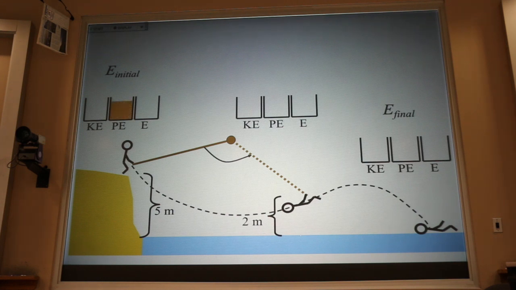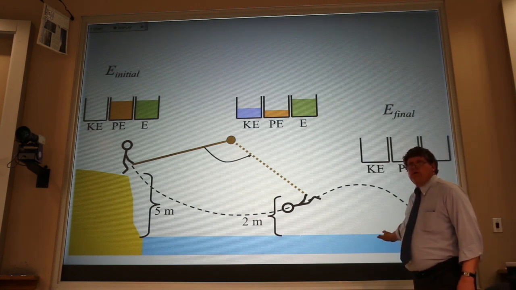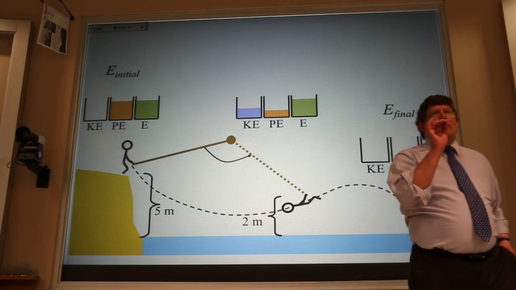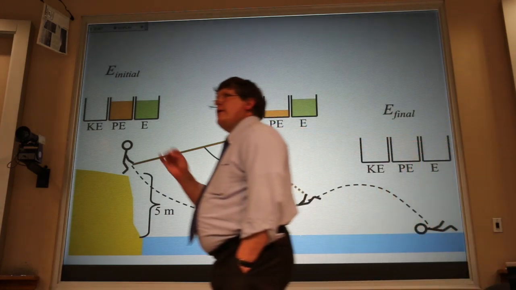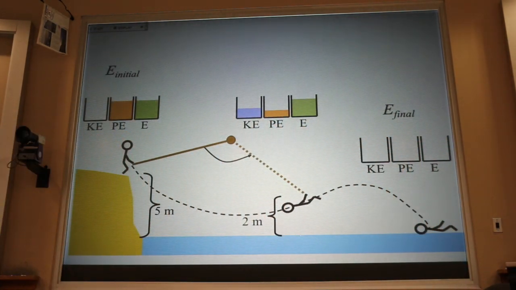Now initially, all of the energy is gravitational. Tarzan's not moving, and there's no springs in this problem, and so that is the total energy. If energy is conserved, then right there when he lets go, I still have the same amount of energy. But now it's divided between 2 buckets. If I look right before he hits the water, don't let him hit the water.